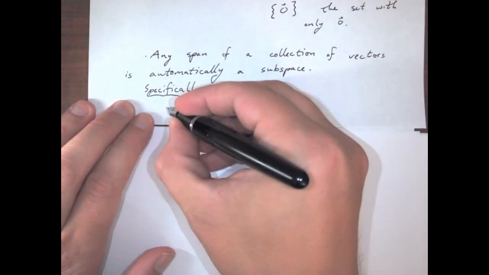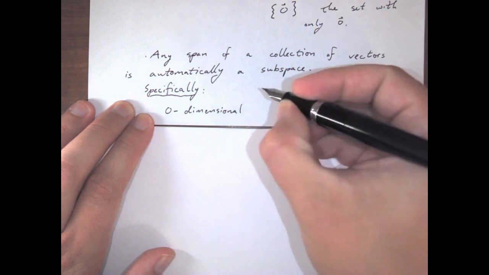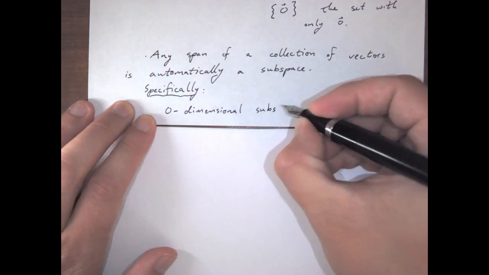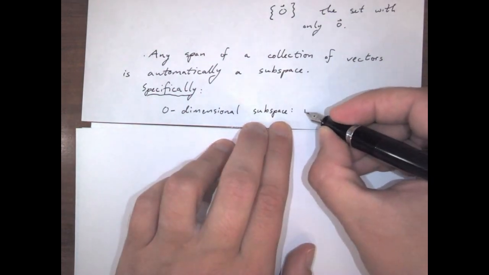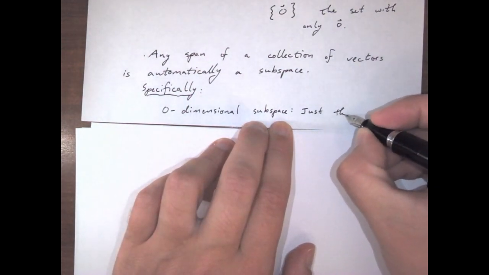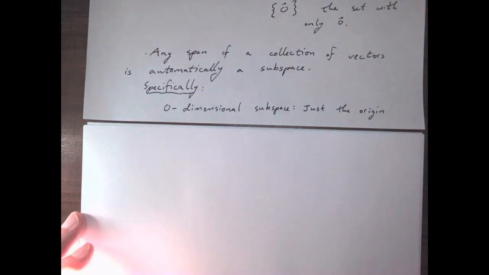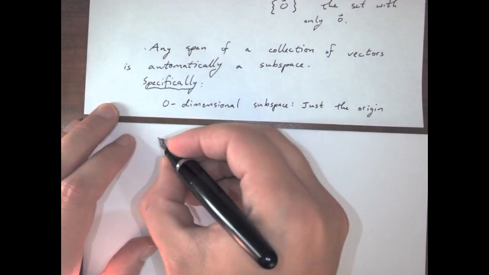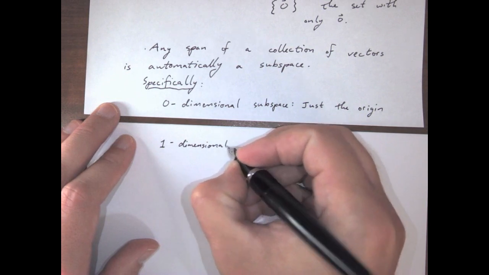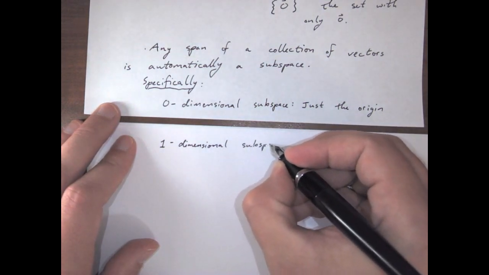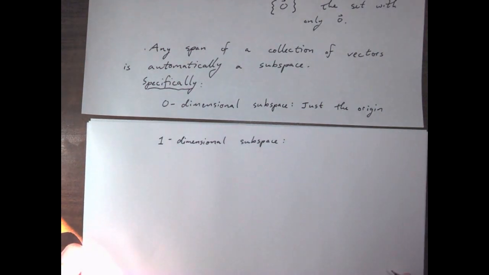First off, there's what we can call the zero-dimensional subspace, which is just the origin. So the zero-dimensional subspace of Rn is just the origin itself. Then there's the one-dimensional subspace. And what this comprises is just a line through the origin.